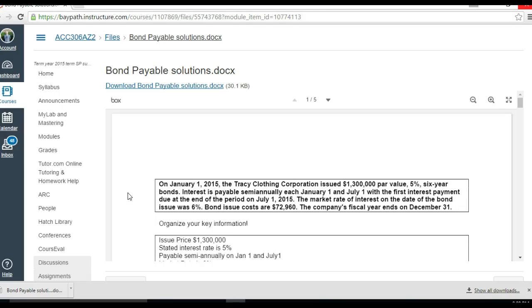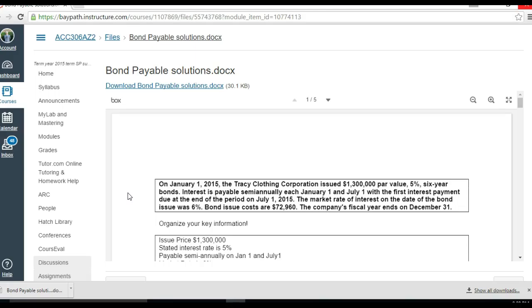So we're going to issue a bond to raise $1,300,000 par value. And par value is usually similar, just like what a stock is, par value. We assign a par value, a face value, to a bond on our books. Usually it's $1,000 per bond, or it's quoted on the stock market as $100 par value.